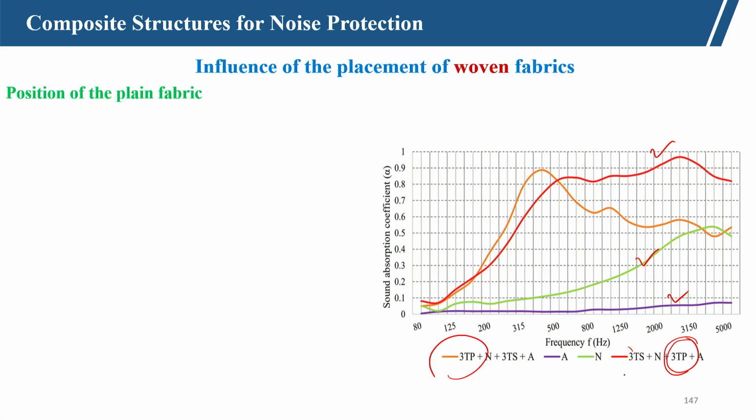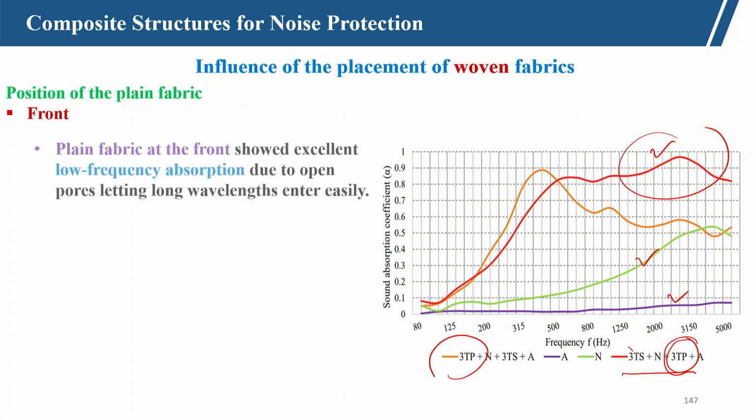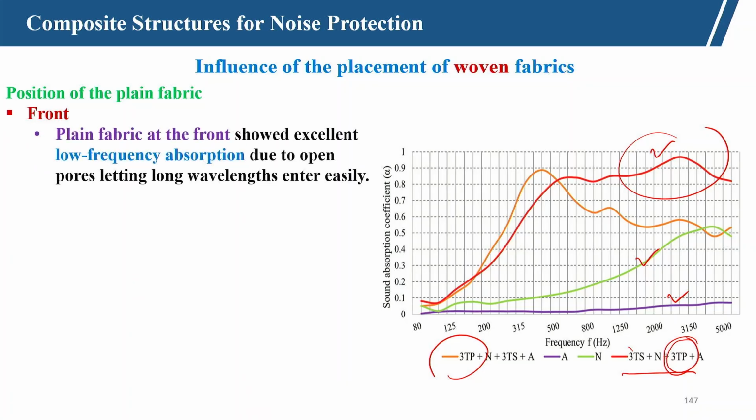When we are placing the plain weave fabric at the back, we are getting very high sound absorption. Plain fabric at the front shows excellent absorption at low frequency.